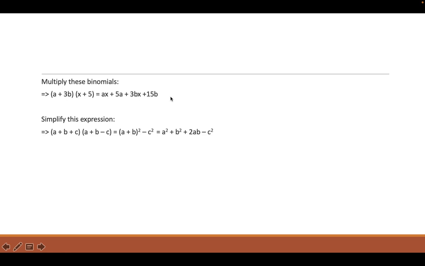Simplify this expression. Here it is also a multiplication, but we will use some identity rules. So if you group it, a plus b is one group and c is another group. So you will see a plus b group plus c, a plus b group minus c, and that can be deduced to an identity: a plus b whole square minus c square.